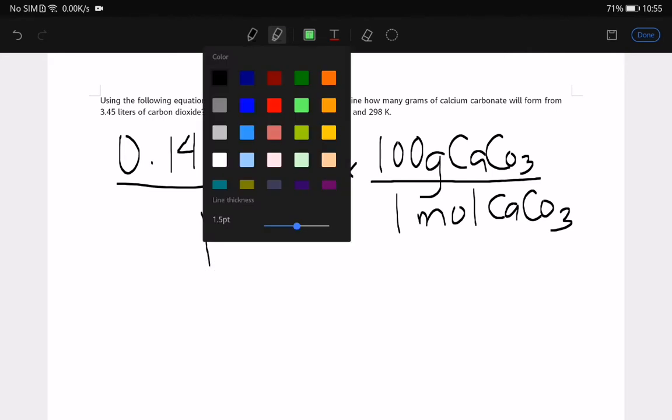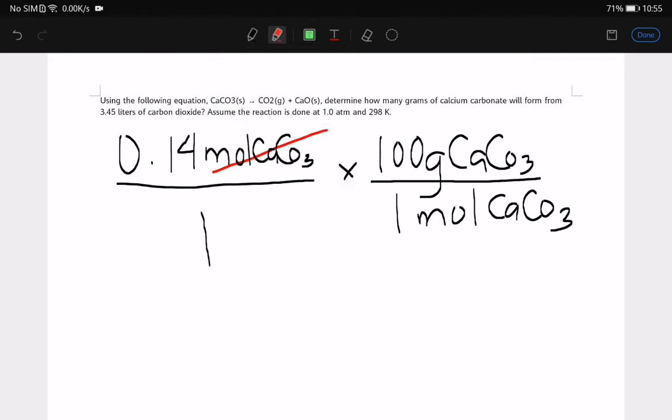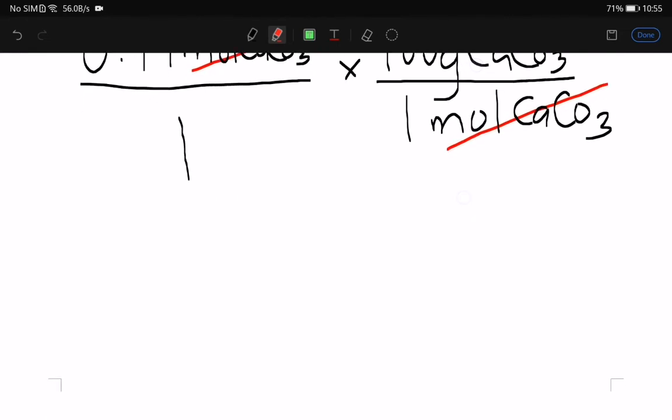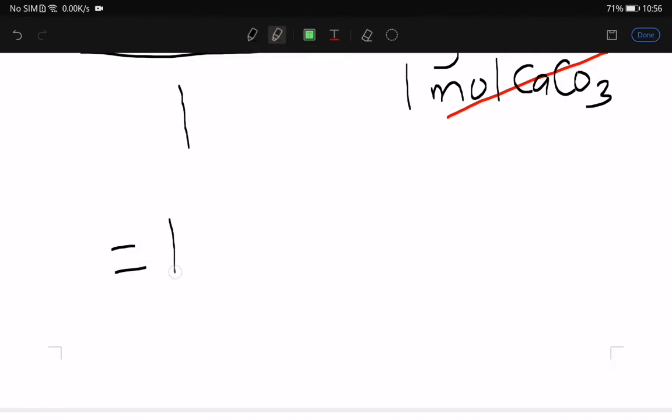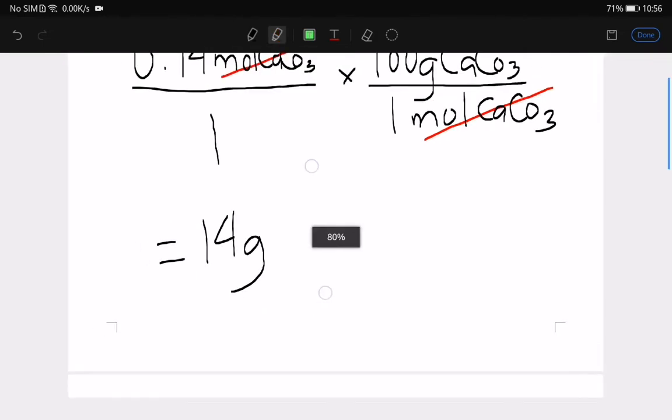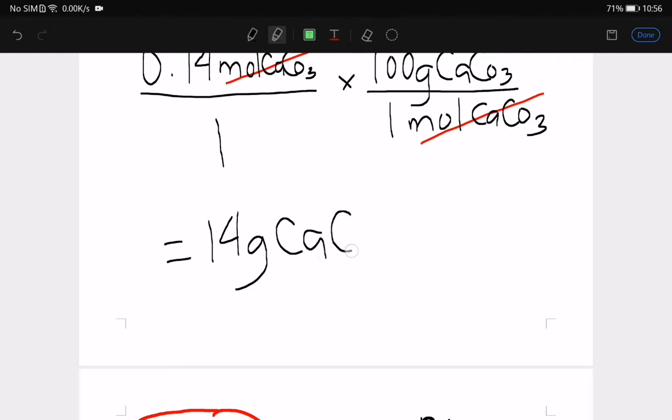So cancel. So 0.14 times 100 is just 14. So ito natin dito, 14 grams of calcium carbonate, and let's box that.